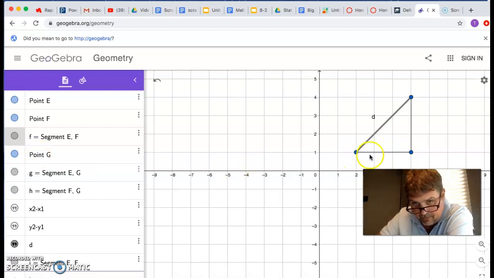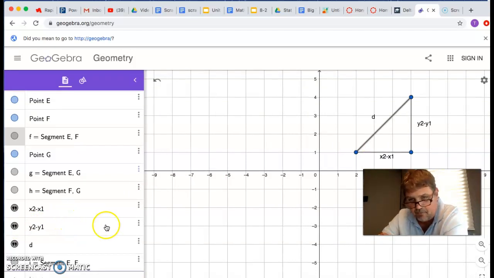Now it turns out, if this distance along the x-axis is 5 and this distance is 2, the difference in those values is x2 minus x1. If this distance along y is 4 and this distance is 1, the length of this segment we can tell is 3. Well, that's y2 minus y1. So you can see how that formula comes about.